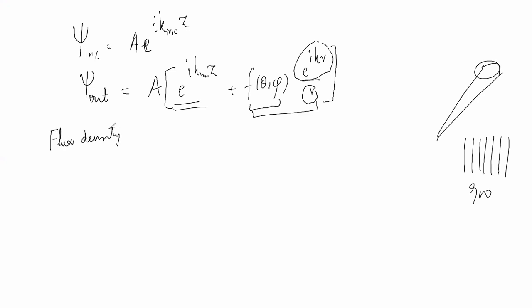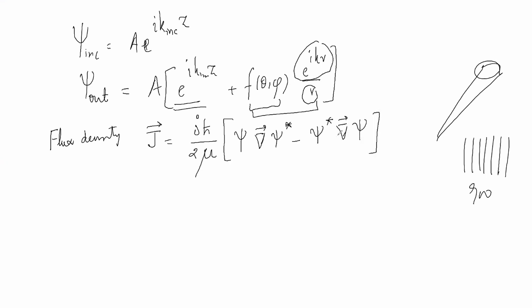Now, let us go back to BSc final and talk about flux density or current density, which your teacher might have taught you. This is given by i h cross by 2 mu, psi del psi star minus psi star del psi.